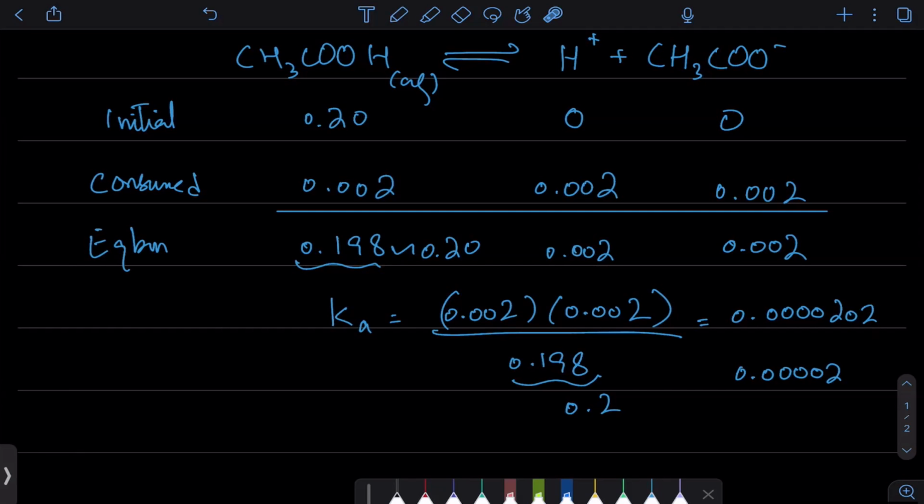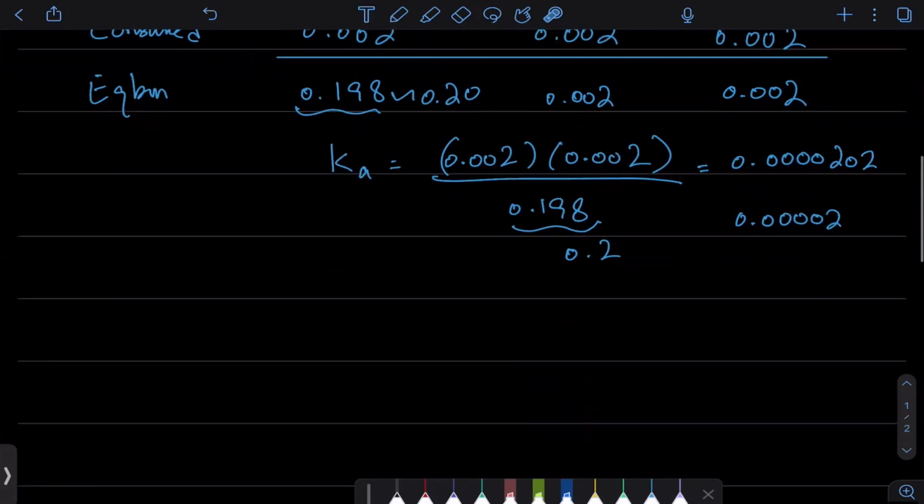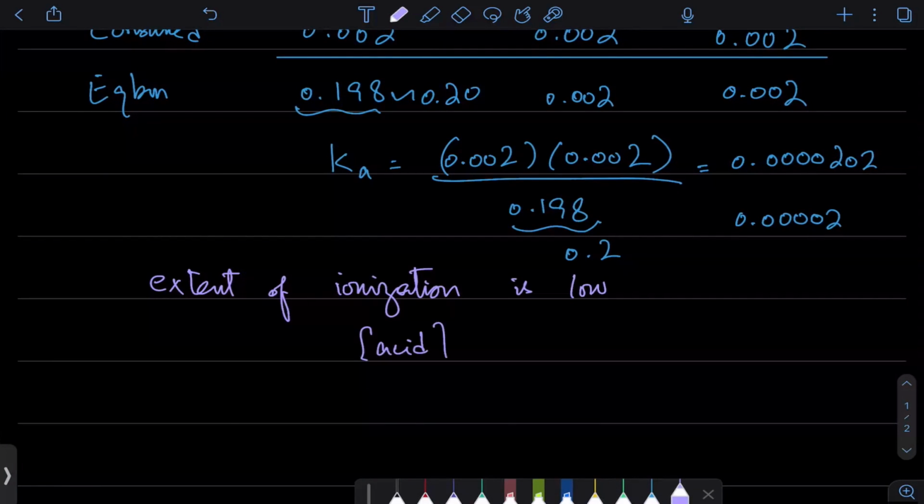Not much. So we assume that since the extent of ionization is low, the concentration of acid at equilibrium is roughly the same as the concentration of acid initially.